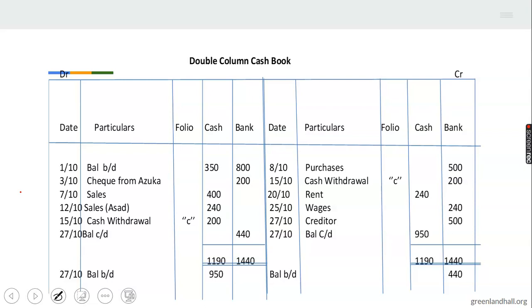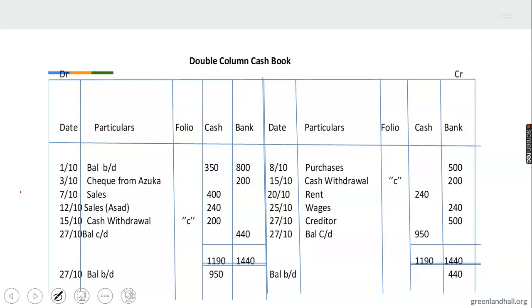So some amount of money was taken from the bank, and as such the bank column is going to be credited while the cash column is going to be debited with that amount of money, which is 200 naira. And this type of transaction we refer to as a contra entry. That is a transaction affecting the bank and the cash column at once.